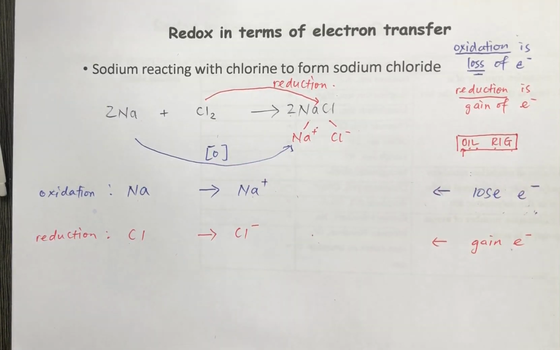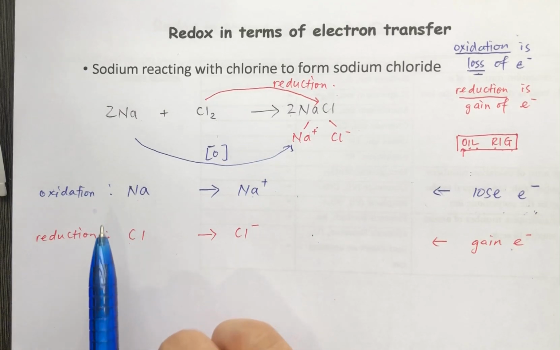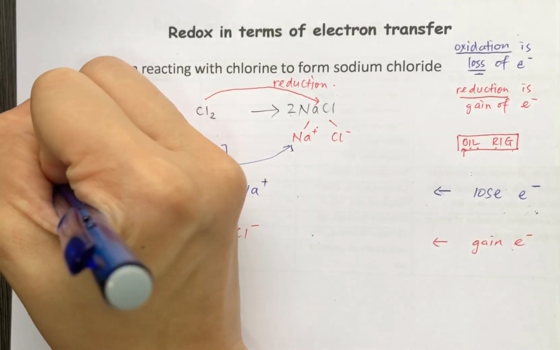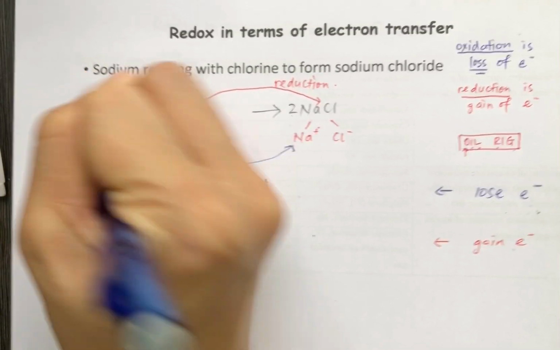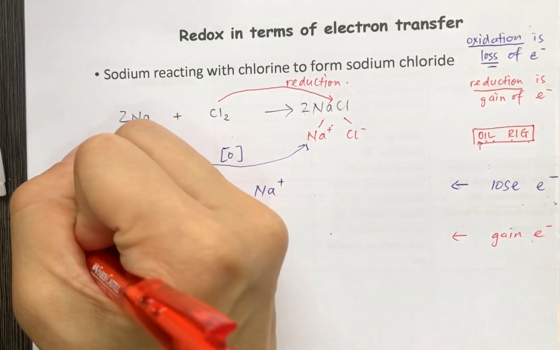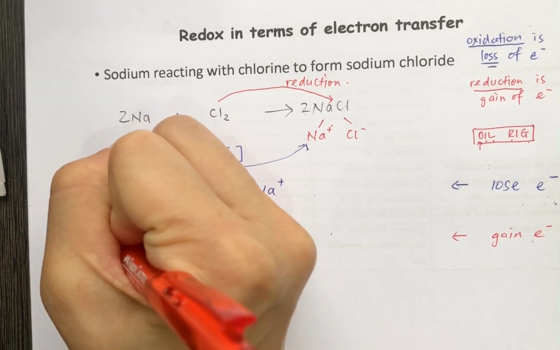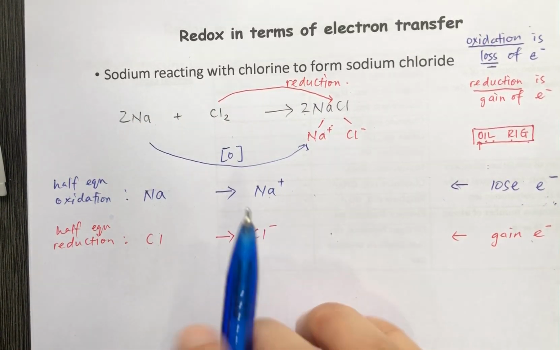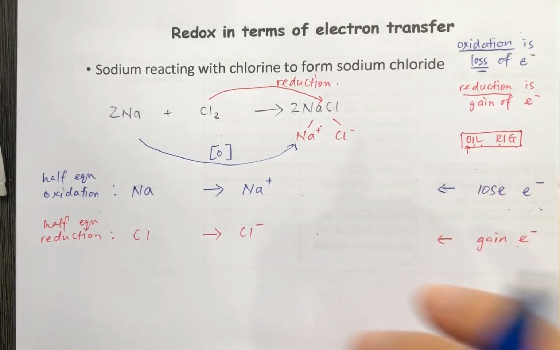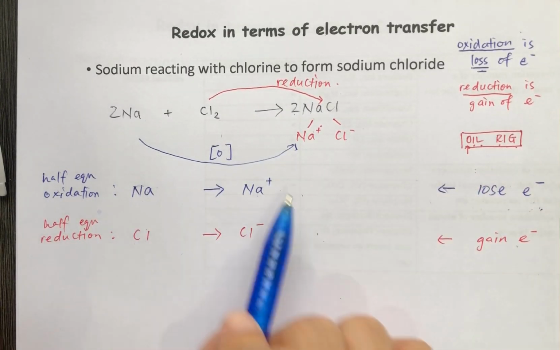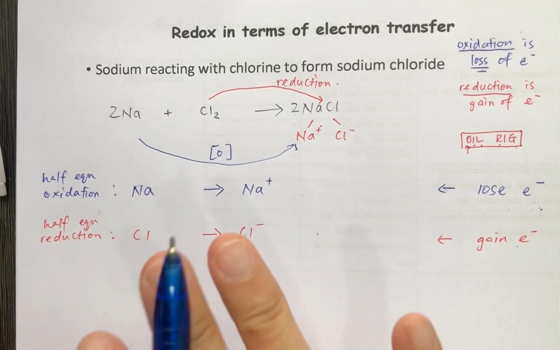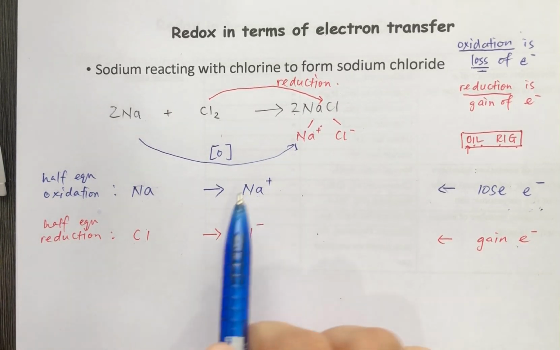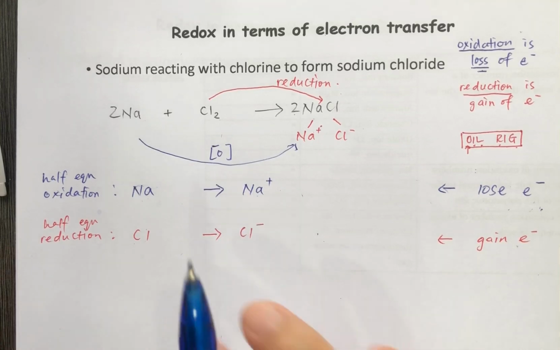Now, sometimes the question will ask you to write the half equation for oxidation and also the half equation for reduction. This is how you write, just that you have to complete it with electron. So you have to add some electron in this equation. Very simple only. Always put electron at the side of the equation which is more positive.